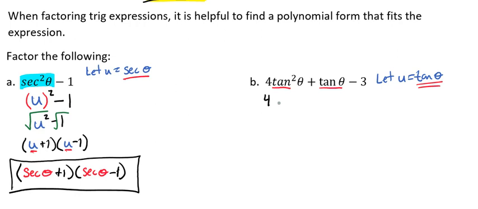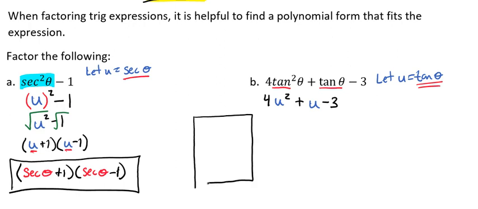So let me use a different color. That's going to give me 4u squared plus u minus 3. And this is something that we feel a little bit more comfortable factoring.